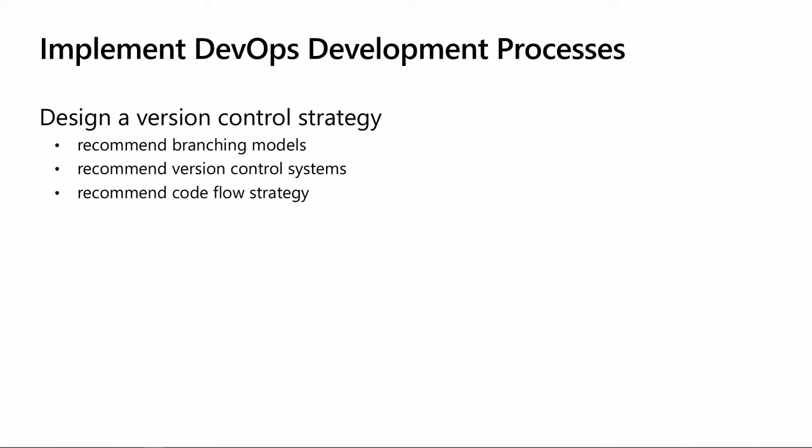I'll work our way from the bottom up. When we say a code flow strategy, all we're really talking about is how you keep track of which developers are committing what code, what builds are being kicked off based on that code they committed, and how to have an audit of what happened.